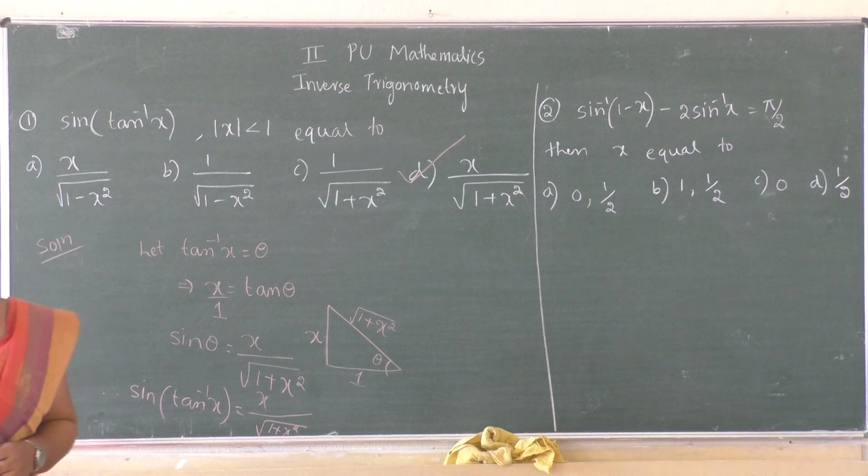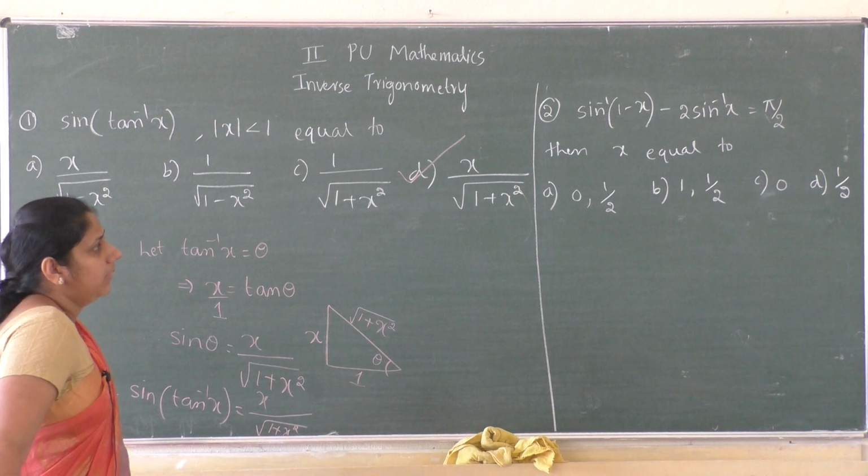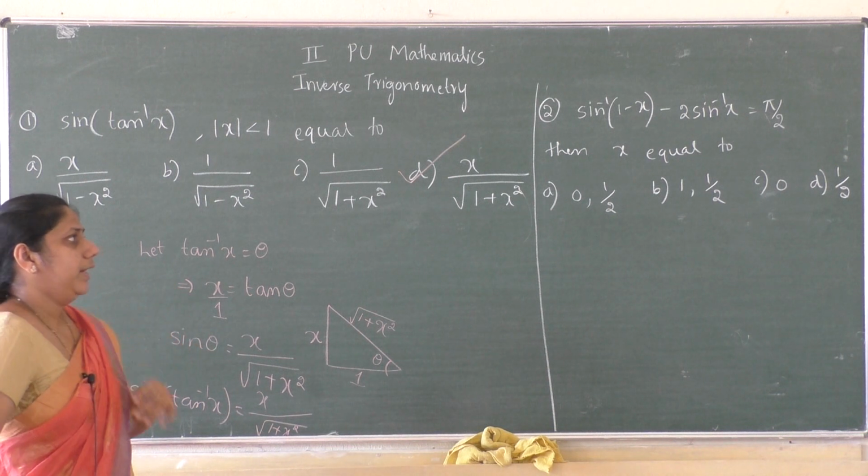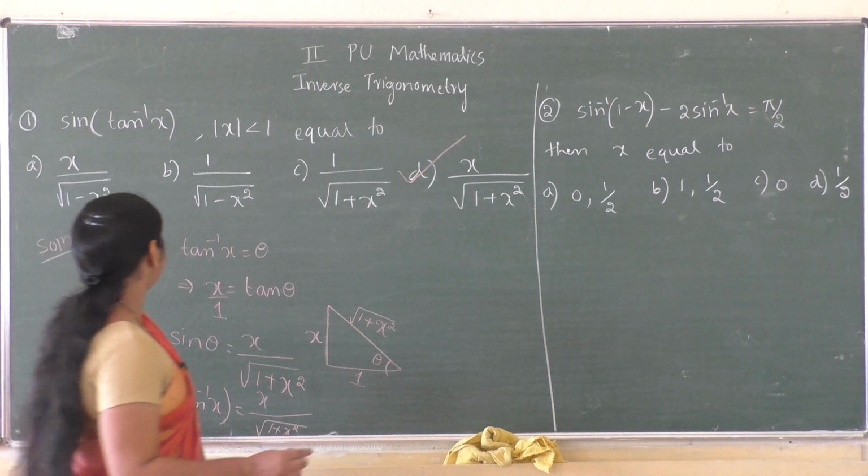Here you have to find the value of x, that is, the question given is sin inverse of (1 minus x) minus 2 sin inverse x equal to pi by 2, then what is the value of x?